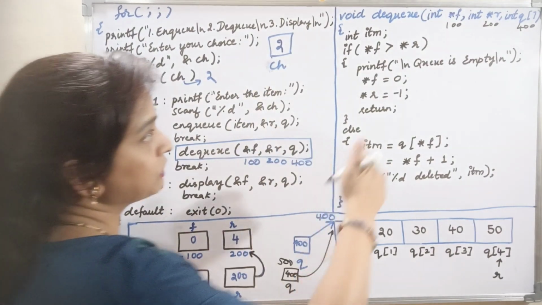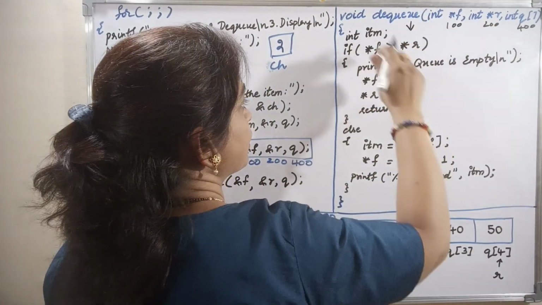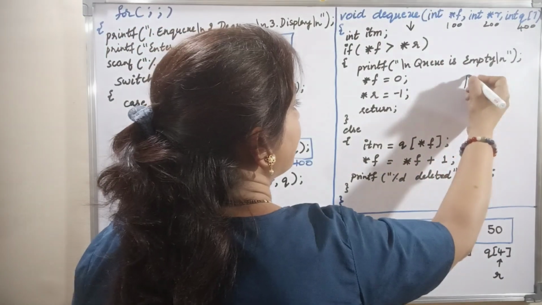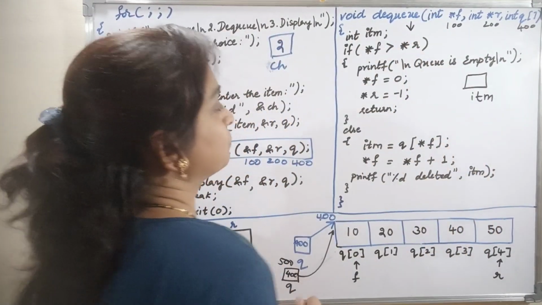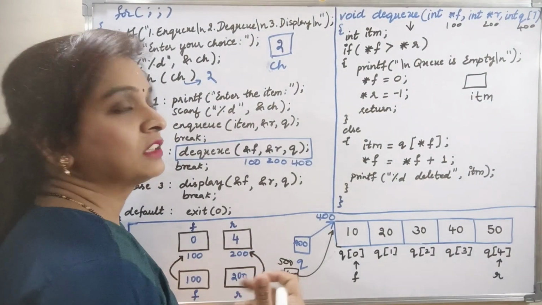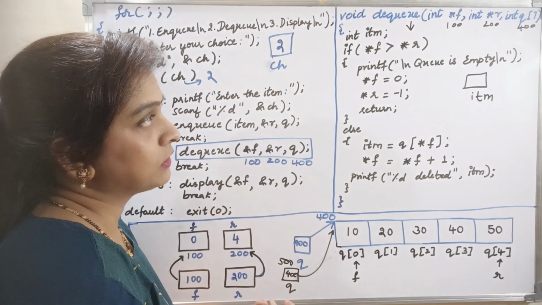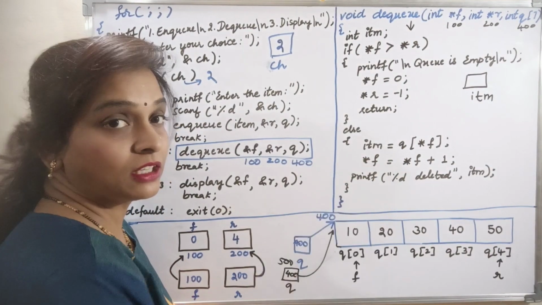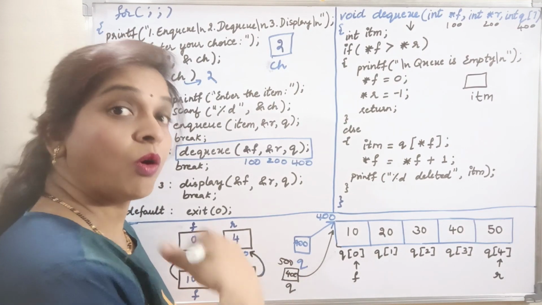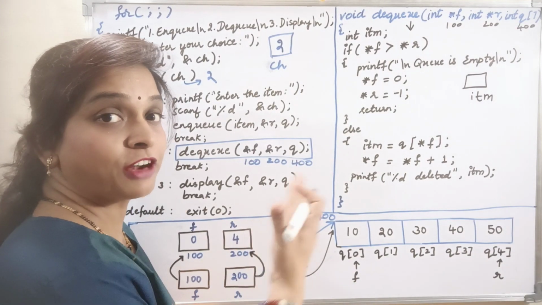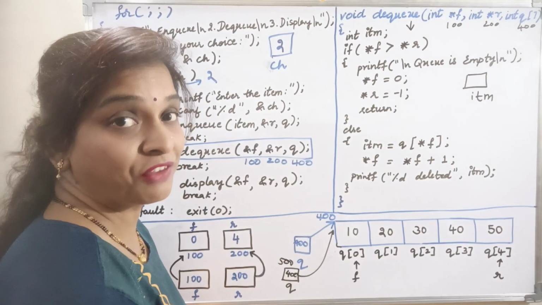Now let us get into the function. We have a local variable, which is itm. Before I start the dequeue operation, I need to check whether the pointer variable f is greater than the pointer variable r. Whether it is the first dequeue operation, or a dequeue operation was already done and the front pointer has moved forward, we need to check.